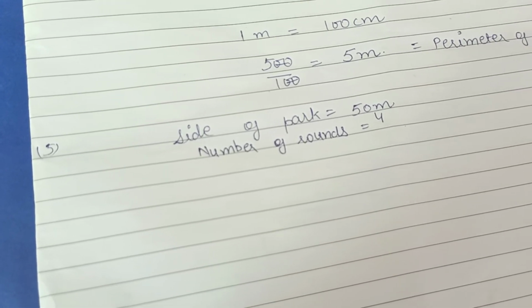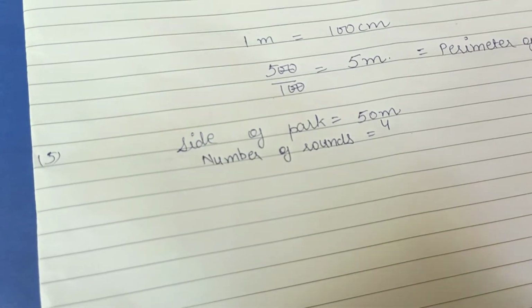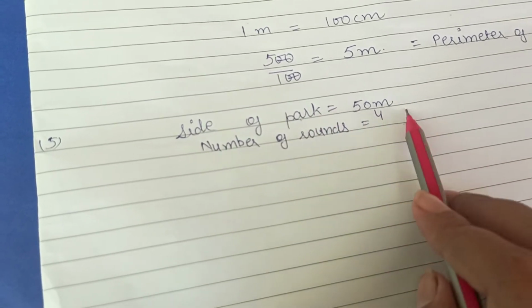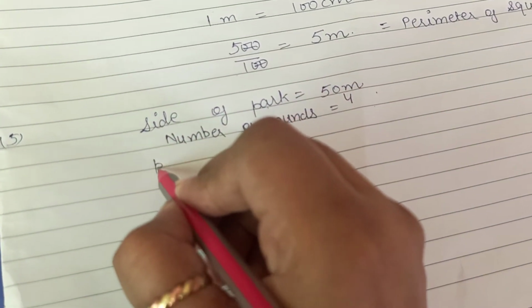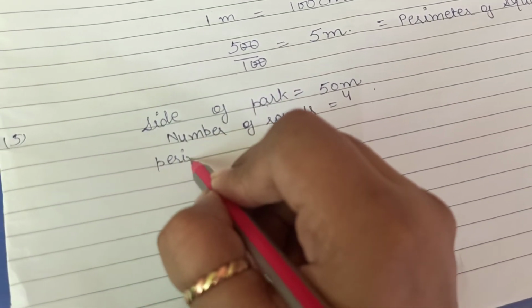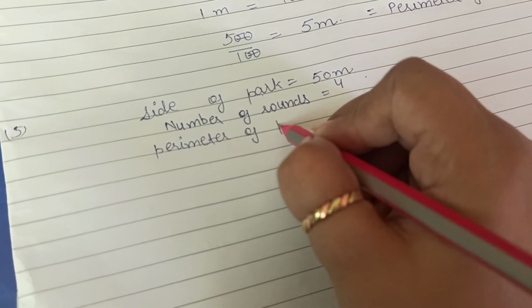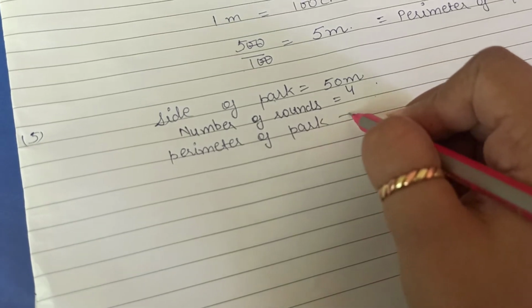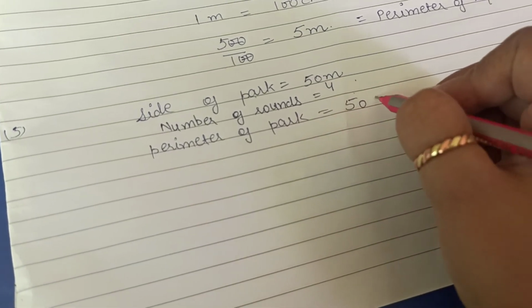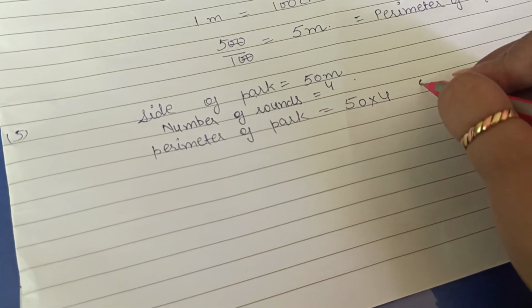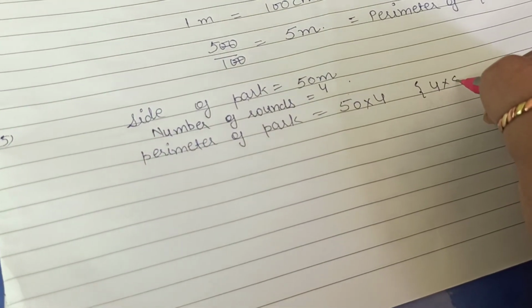So again, one side of the park is 50 meters. So firstly we will find the perimeter of the park. Right? That is 50 multiply 4, because the formula is 4 multiply side.